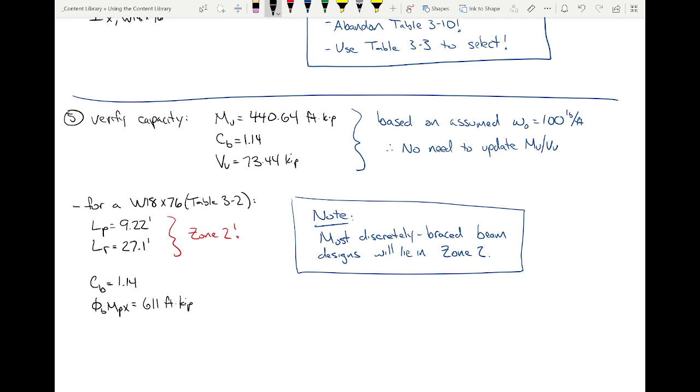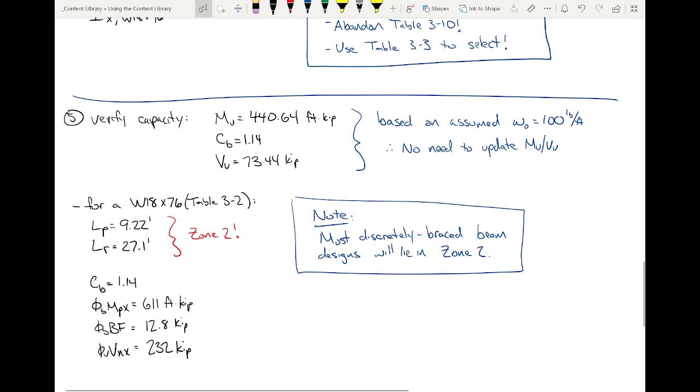We're going to need phi BF. What is phi BF? And since we're at it, let's go ahead and write the shear capacity down. What's the shear capacity? Okay.